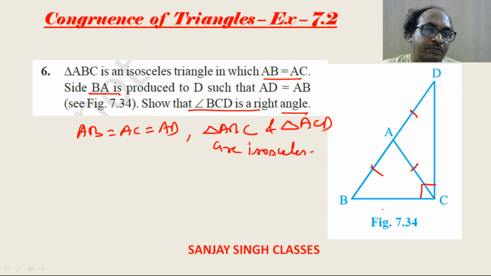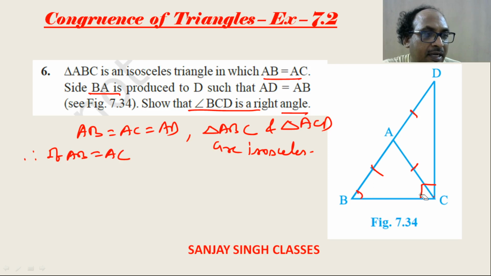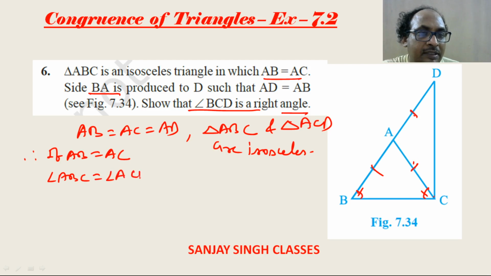Now if AB is equal to AC, then this angle and this angle both will be equal. Once these two sides are equal, I will write first angle ABC is equal to angle ACB, right?